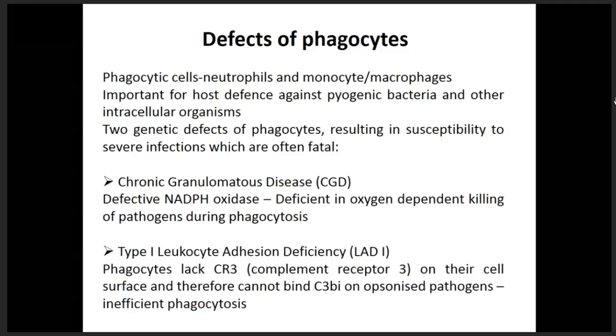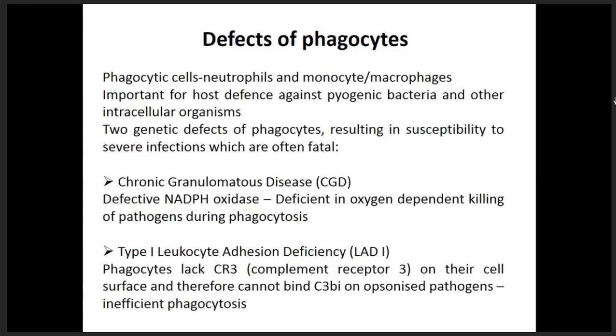So the first is chronic granulomatous disease. And this happens when you have defective NADPH oxidase, which basically results in the individual having defective oxygen-dependent killing. Again, you need to explain how this enzyme will result in defective immune protection.